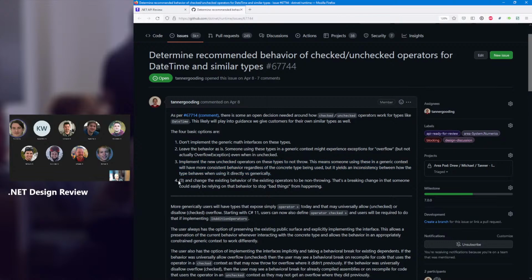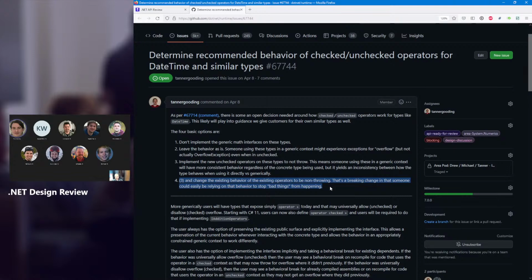And then the fourth option is that we could change the existing behavior to be non-throwing in an unchecked context and to be throwing in a checked context, which means that users get consistent behavior between the concrete type and the non-concrete type.